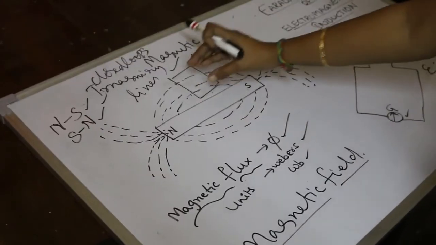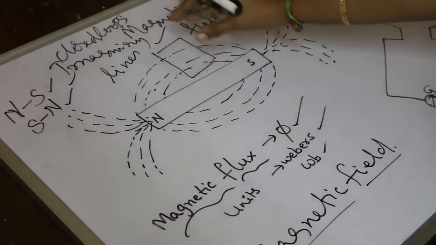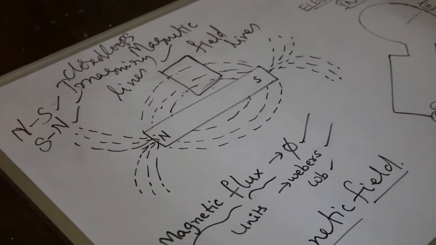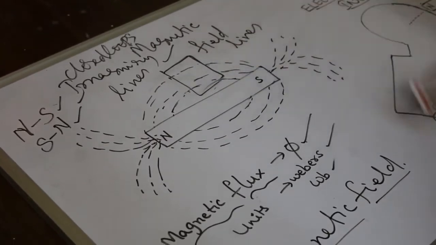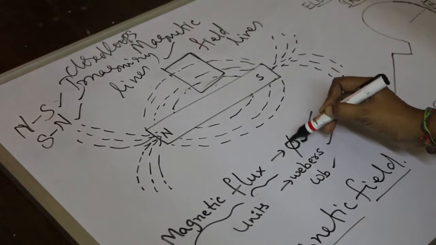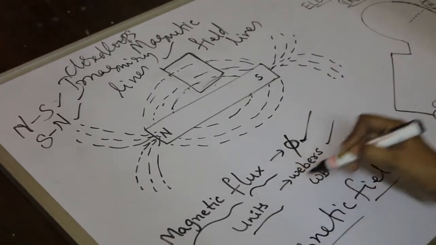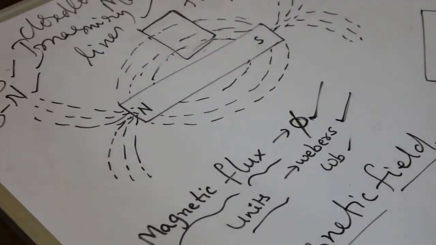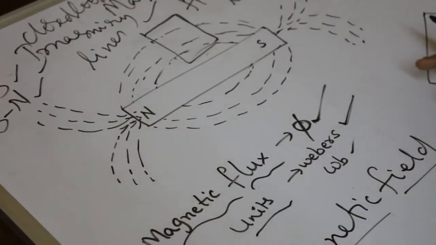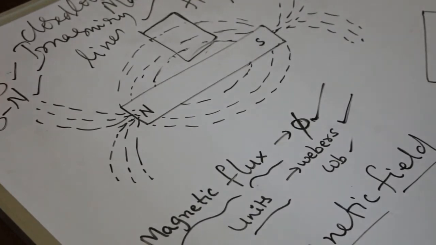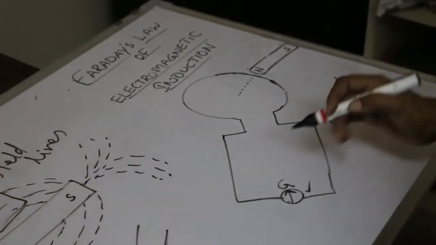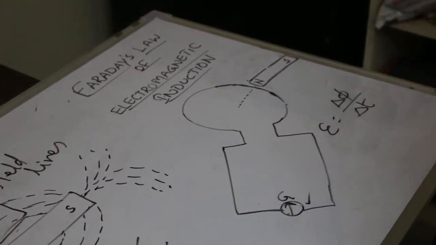So the number of magnetic field lines passing through an imagined plane is called magnetic flux. It is represented with the letter phi and it is measured in units called Webers. So this magnetic flux is constituting the magnetic field.